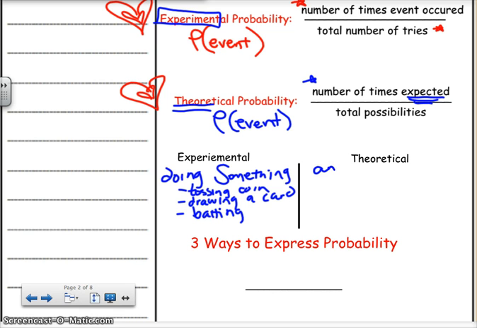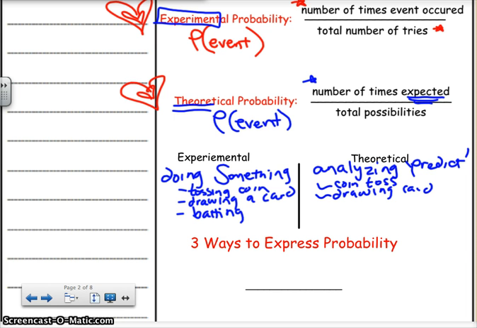Theoretical is analyzing, predicting. Same situation. You're saying, well, you should get this. So theoretical could be a coin toss. It could be drawing a card. What's another theoretical?